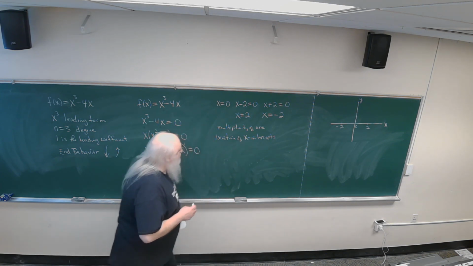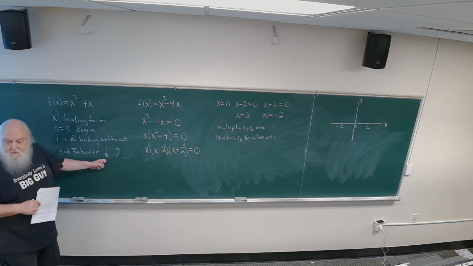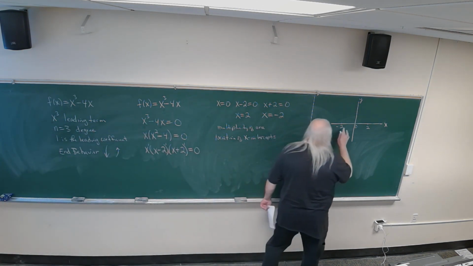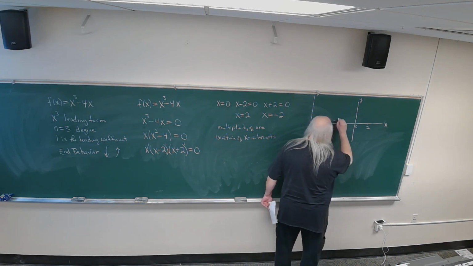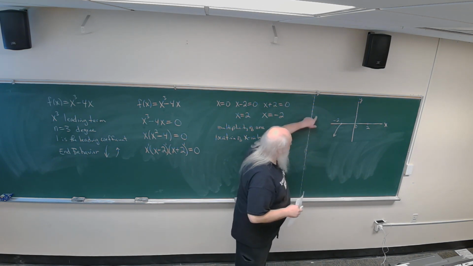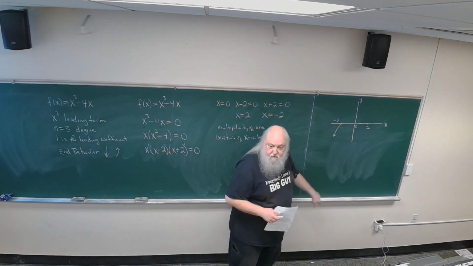We already know that the left end of the graph goes down. So at this x-intercept of minus 2, the graph goes down, and it can't come back up and cross the x-axis, or that would create another x-intercept.